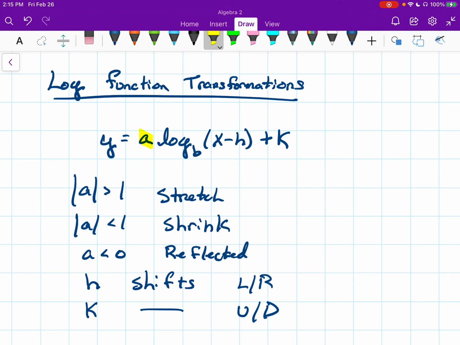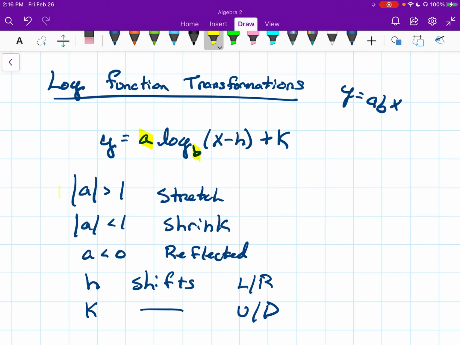And we talked a little bit in class about how with an exponential, like y equals a b to the x, the stretching and shrinking is technically going with the a, but a and b both decide how fast it goes up and down. So again, a and b in our log both play a part in what you would think of as stretching and shrinking, right?